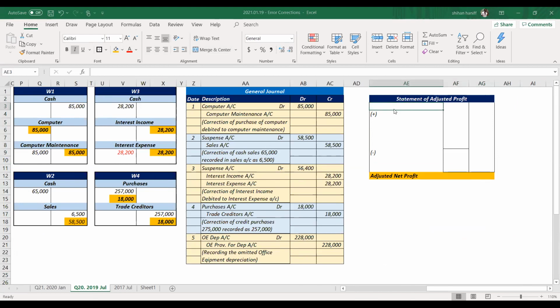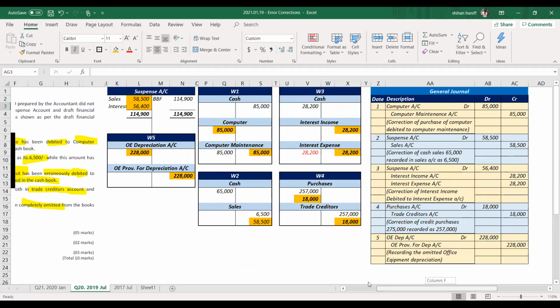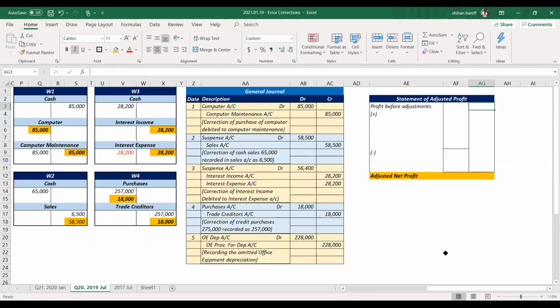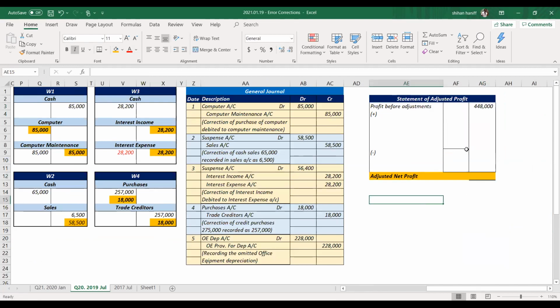So we have the drafted profit, profit before adjustment. Profit before adjustment was how much? 448,000. So I will teach you a simple method to calculate this, an easy way to do the calculation.